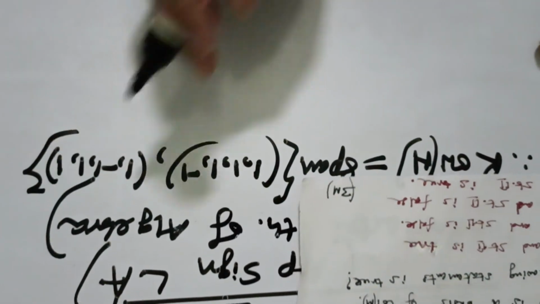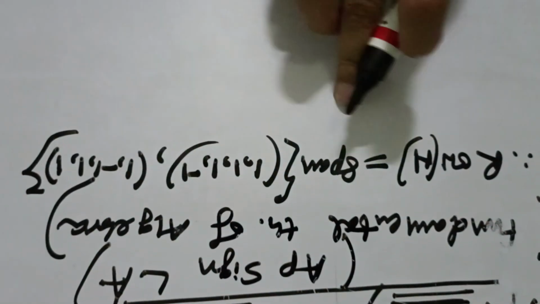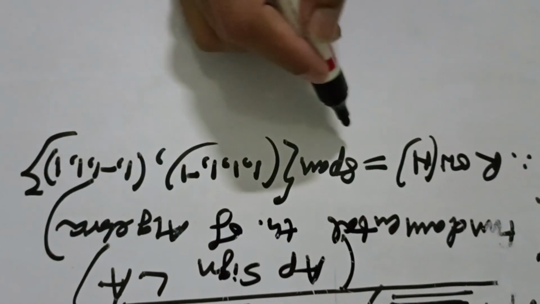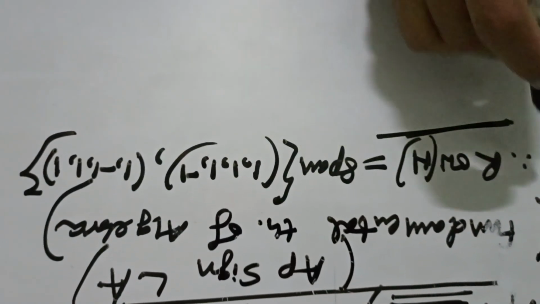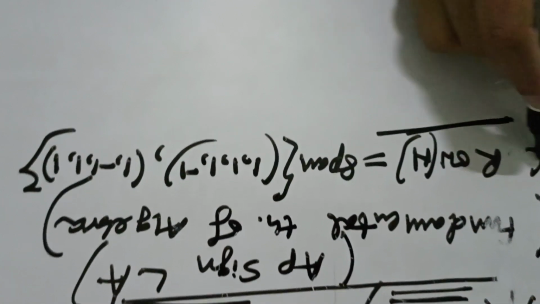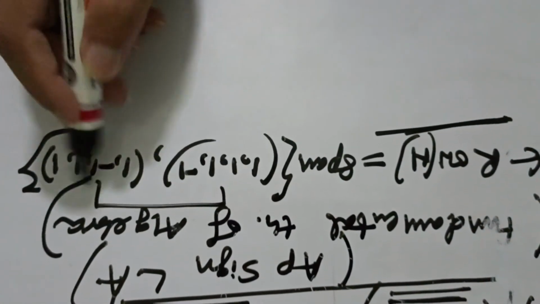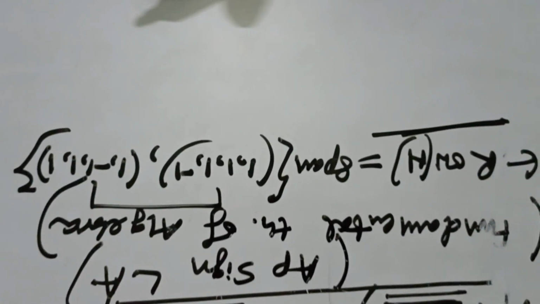Since it spans, if you take any vector alpha from the row space, then alpha is nothing but a linear combination of these two vectors.